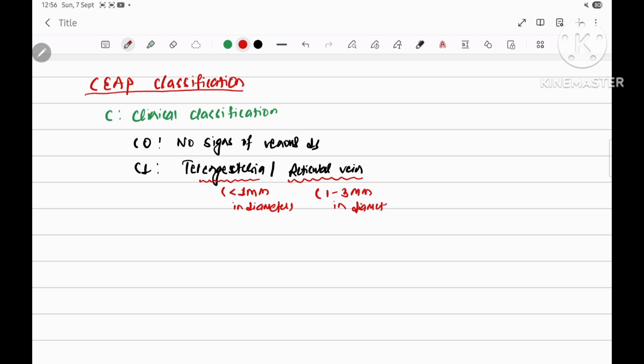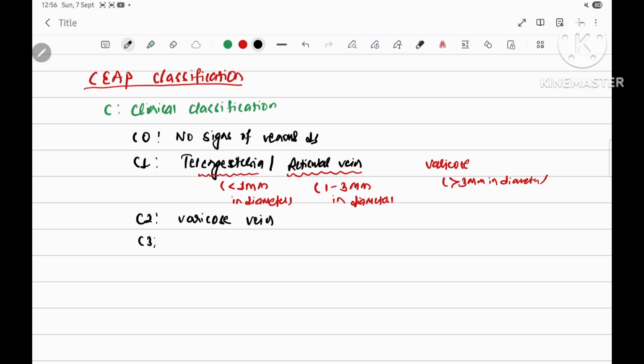Now you can guess how much a varicose vein is: more than 3 mm in diameter. So C1 is just telangiectasia or reticular veins. C2 is varicose vein, of diameter more than 3 mm.